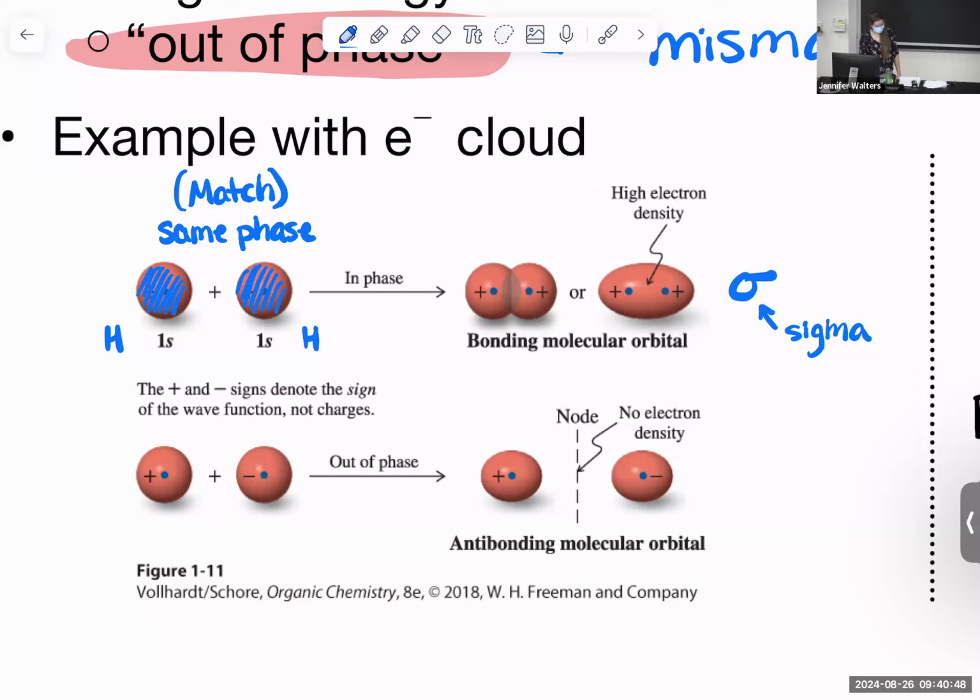That is our bonding orbital. Where we have that overlap, remember that the overlap has to expand out because it can't exist in the same place at the same time. So that's how we get this shape, where this is what our actual molecular orbital looks like.